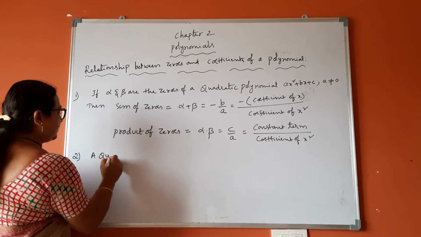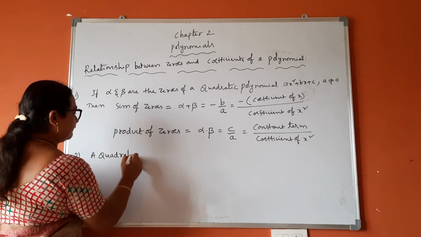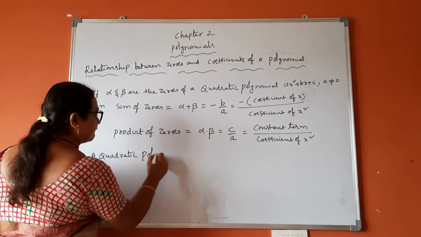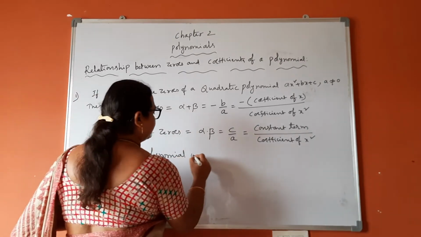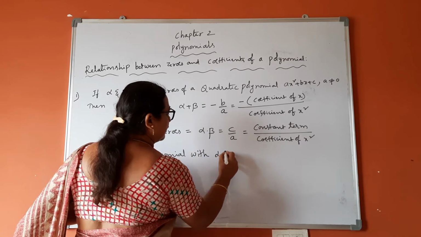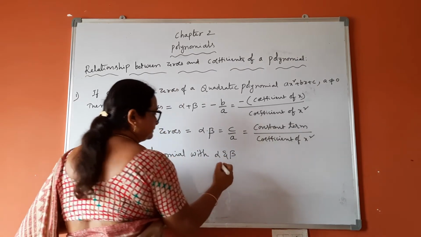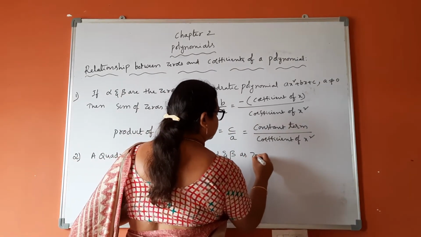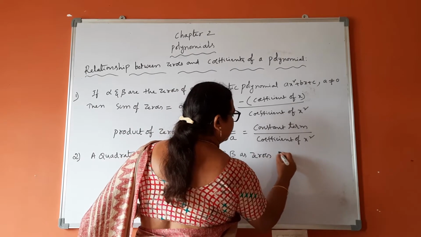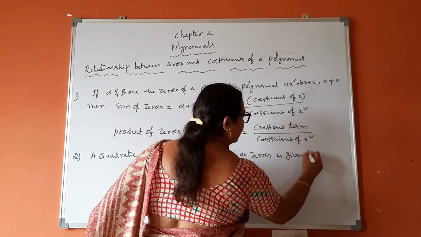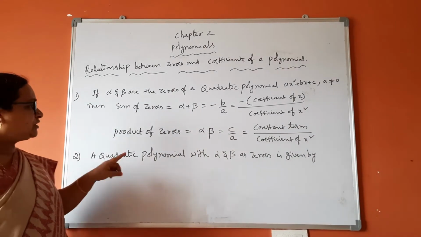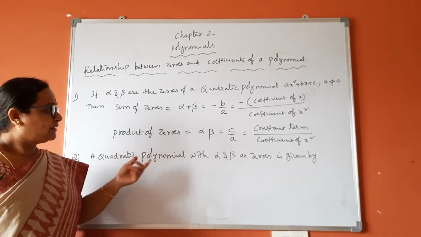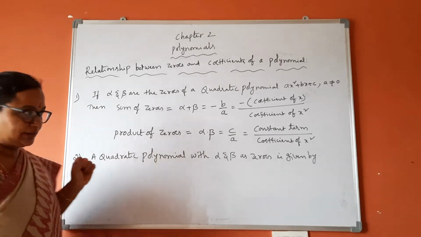A quadratic polynomial with alpha and beta as zeros is given by, if they give both the zeros alpha and beta, how to write a quadratic polynomial?